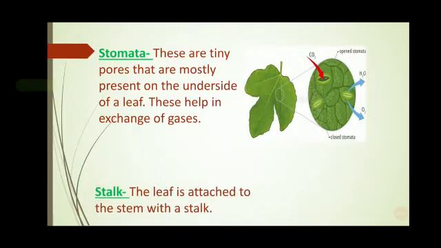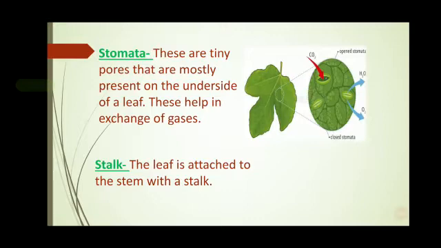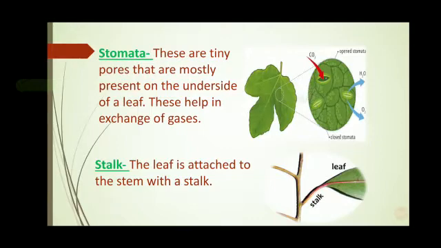So let's see what is our next part. Our next part is stalk. The leaf is attached to the stem with a stalk. You can see in the picture also the leaf is attached to the stem with a stalk.